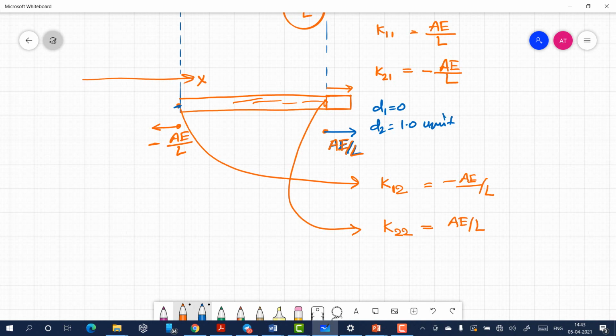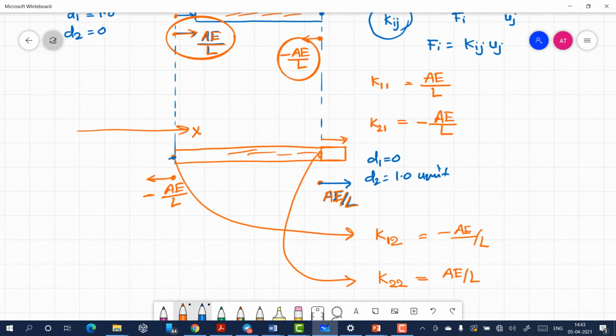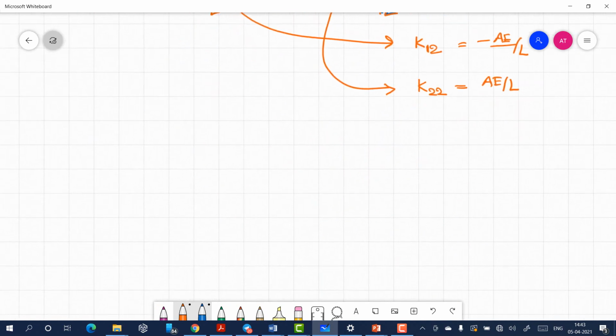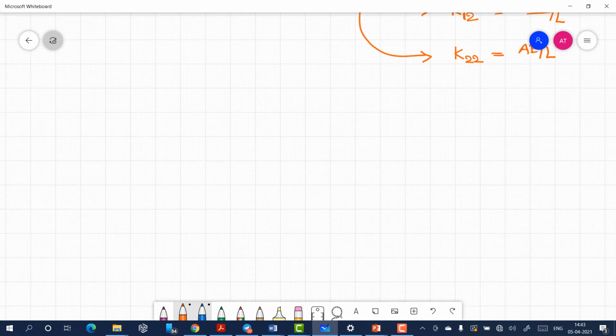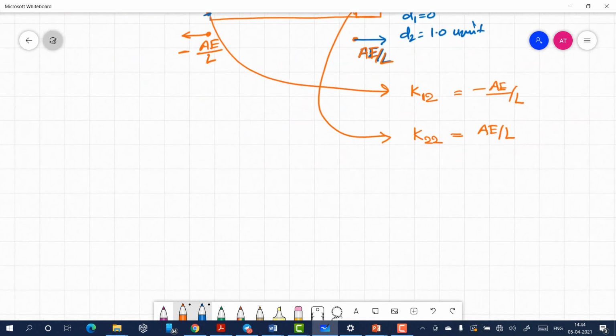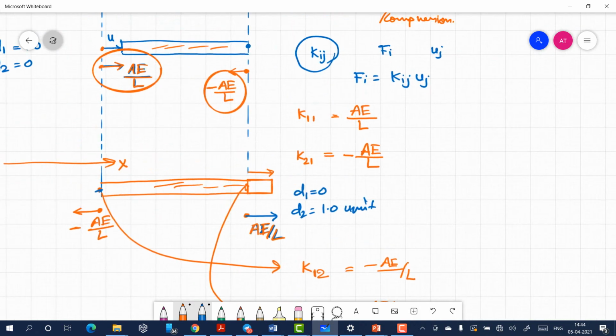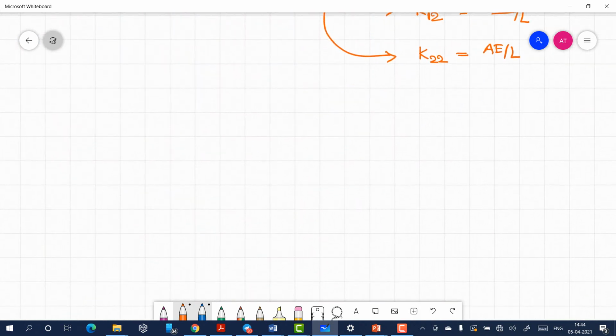Okay, so this is the whole picture. These are the elemental stiffness matrix. If I look at any of these elements, then KE is the stiffness matrix of that element, and I can write the stiffness matrix of one of the elements as this.